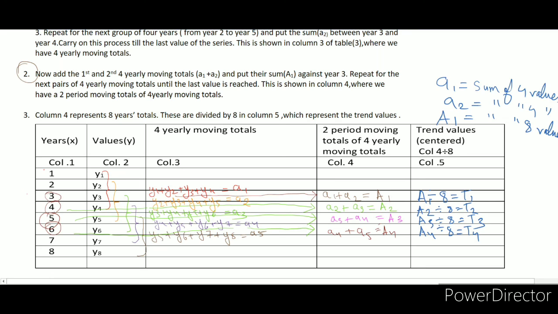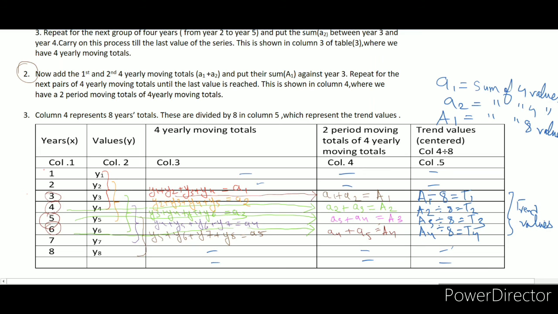Okay, so here the first 2 years and the last 2 years will be left out. So year 1, year 2, year 7, year 8, we cannot obtain trend values. So these are your trend values.